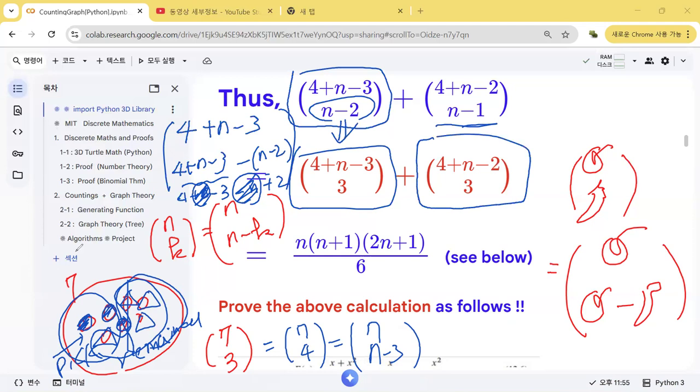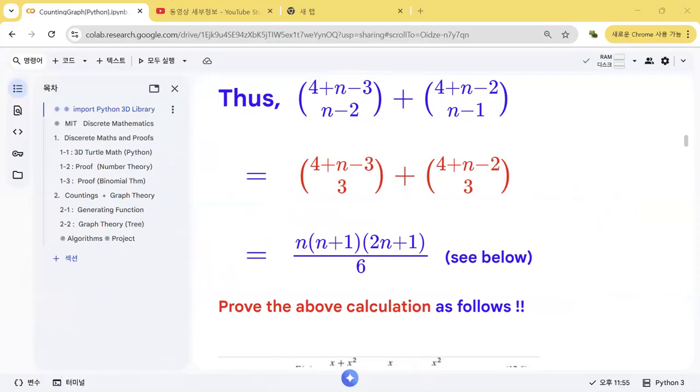Now we can compute this value. The first one is, the beginning number is 4 plus n minus 3, okay? And the next one, subtract one, then 4 plus n minus 4, and subtract one more, 4 plus n minus 5.